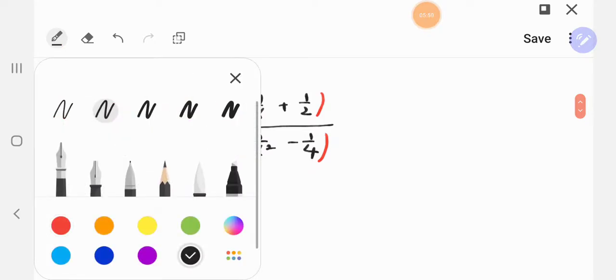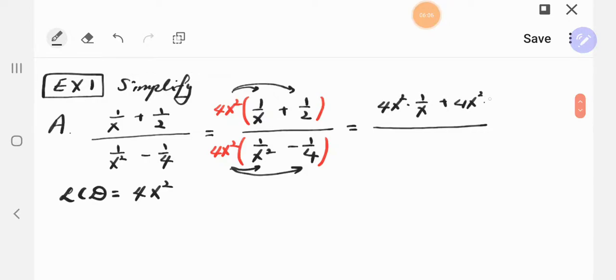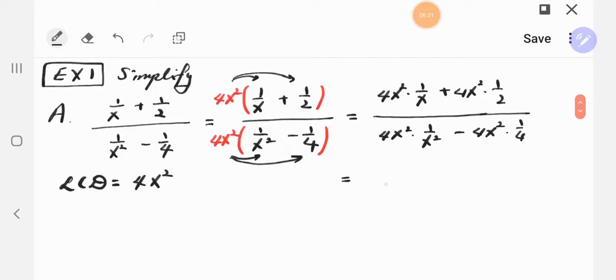Then use the distribution property. The numerator is 4x squared times 1 over x plus 4x squared times 1 over 2, and the denominator is 4x squared times 1 over x squared minus 4x squared times 1/4. Then simplify each.